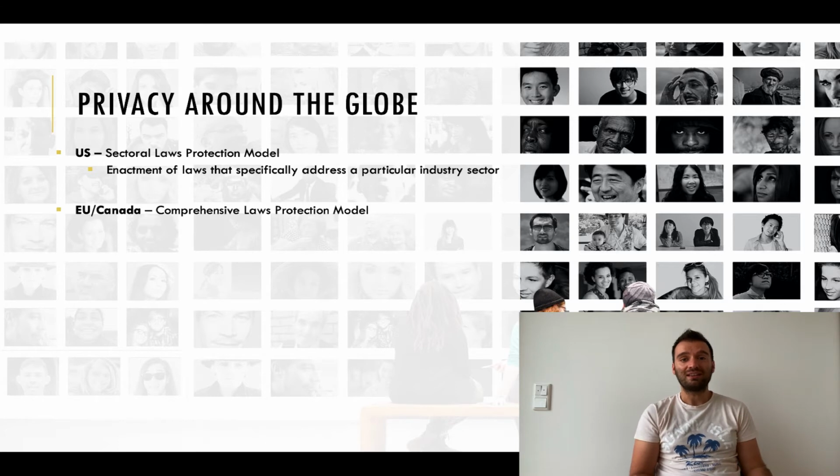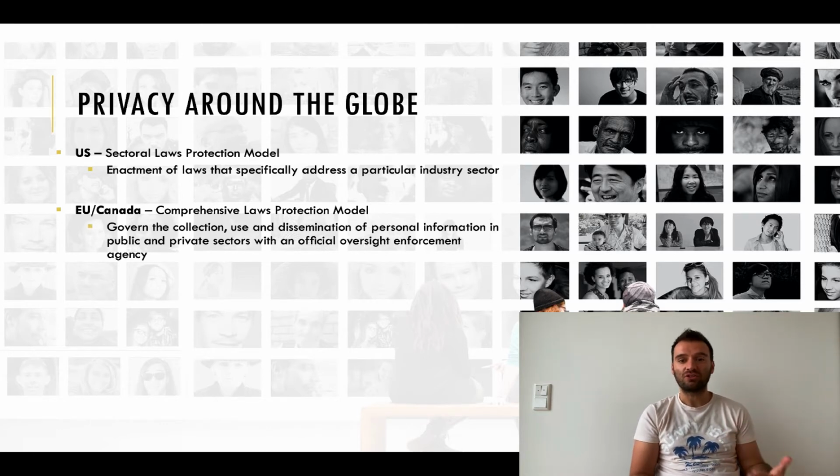The European Union and Canada have a protection model that is called comprehensive laws. The approach to privacy protection is that they govern the collection, use, and dissemination of personal information in public and private sectors with an official oversight enforcement agency that remedies past injustices, promotes electronic commerce, and ensures consistency with pan-European laws.